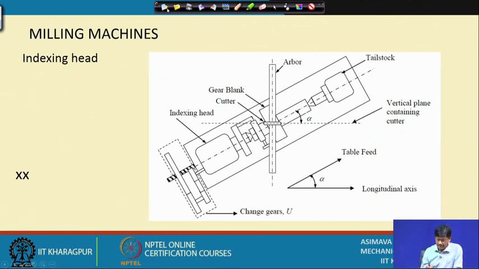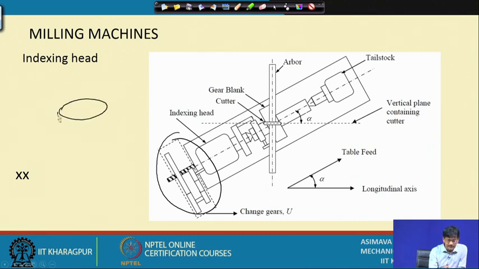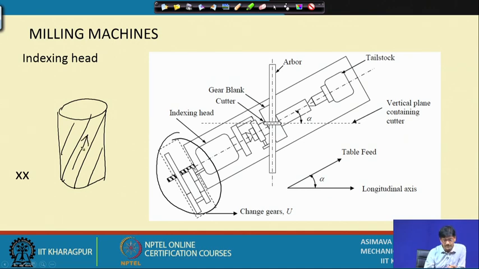Next, what is this? If you have to have helical motion, if this is a gear and if this is to be the ultimate cut teeth, in that case the cutting element has to have this relative motion with respect to the workpiece. Helical motion that way is obtained by the combination of circular motion and straight line motion.